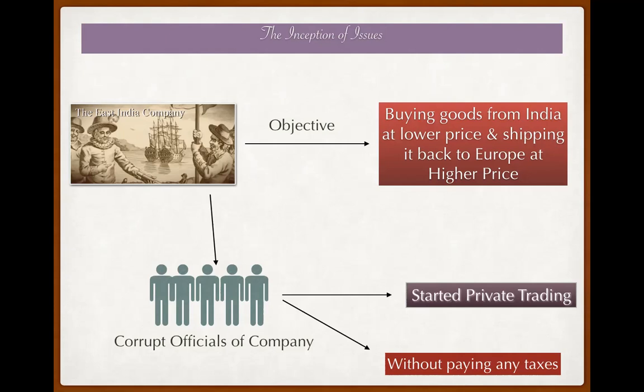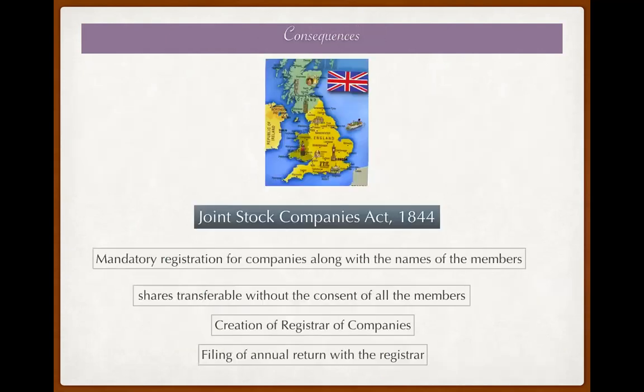And there were no checks and balances created by the Royal Charter. Because of the substantial loss experienced by the government of Britain, or at that point of time the Queen of Britain, there was a consistent decline in the taxes, because a lot of officials were getting involved in private trading rather than trading in the name of the East India Company.